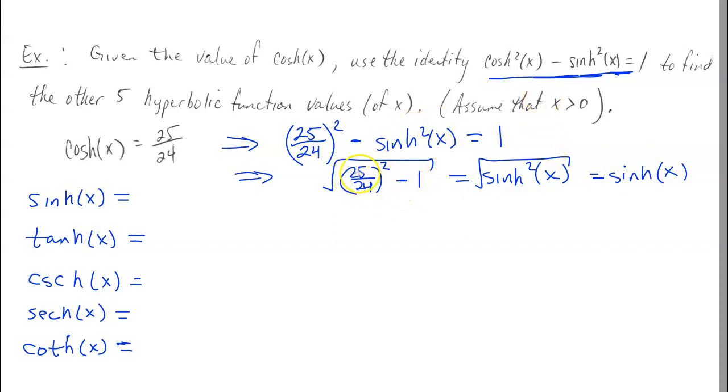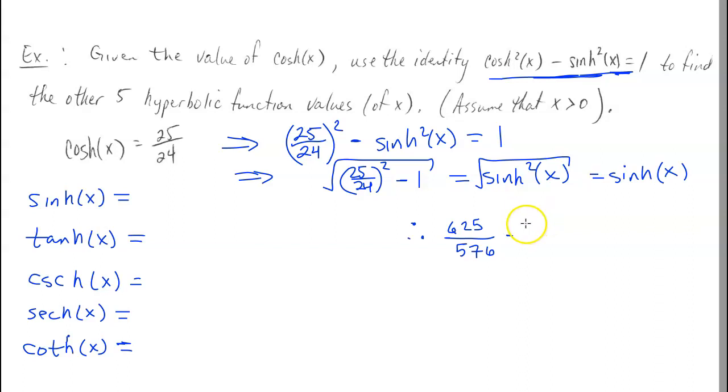All we have to do now is calculate the square root of (25 squared over 24 squared) minus 1. We know that 25 squared is 625, and 24 squared just so happens to be 576.